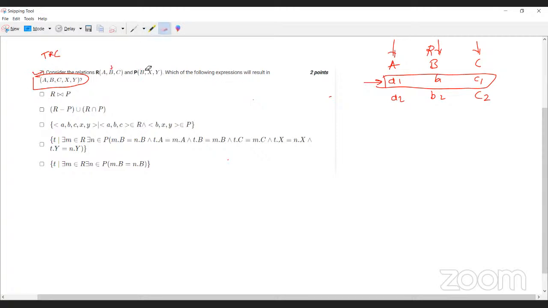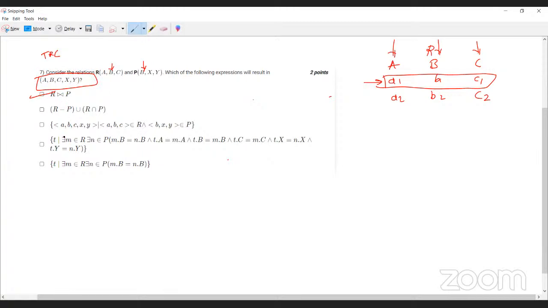In the case of cross join, the same attribute will repeat, right? Here B will also come in the case of cross join. But in the case of natural join, the same column will be repeated once only, right? Yes, right. So by looking at this it is clear that we have to perform the natural join, not a cross join. So I think this is the correct option.